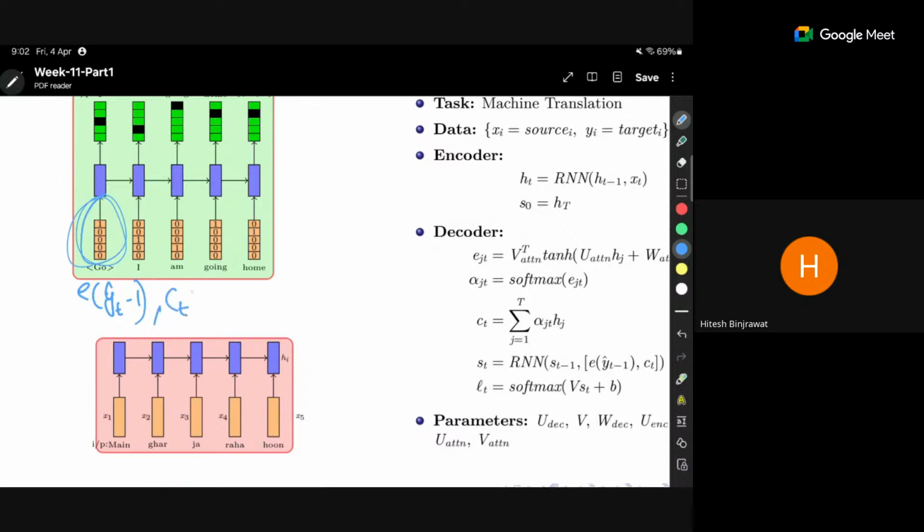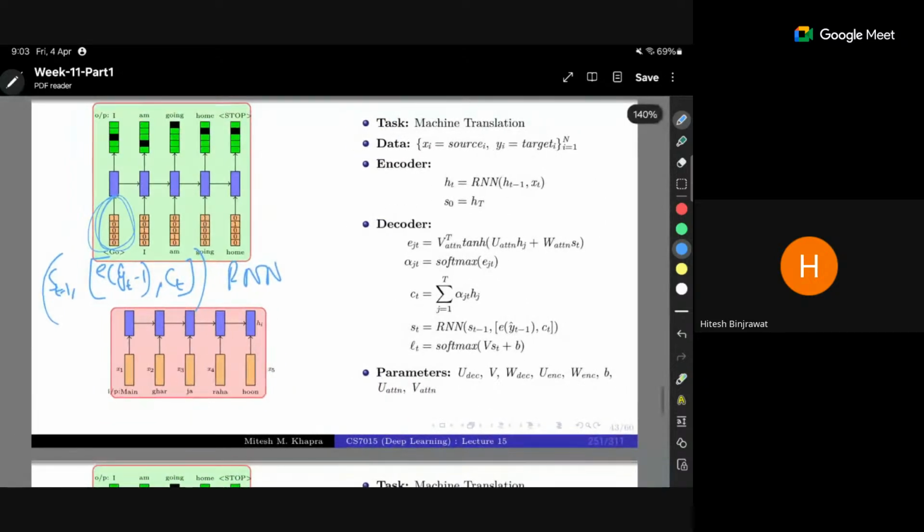One you'll give is CT, which we just found, and s t minus 1 is always going there too. That's how you can add this attention component to the RNN.